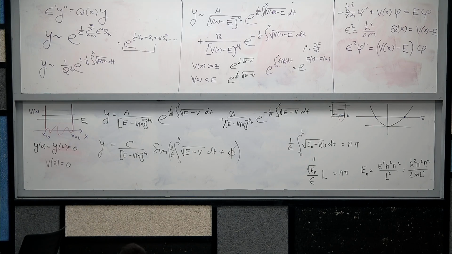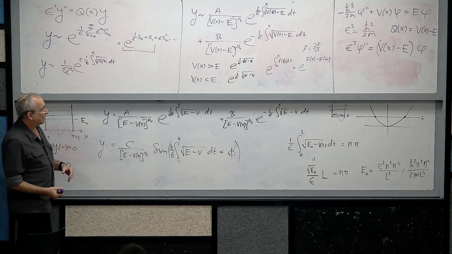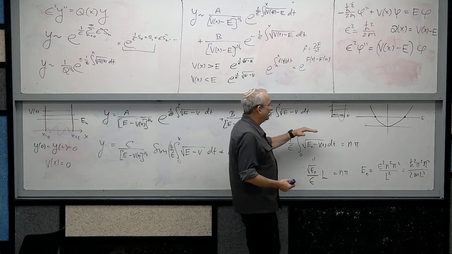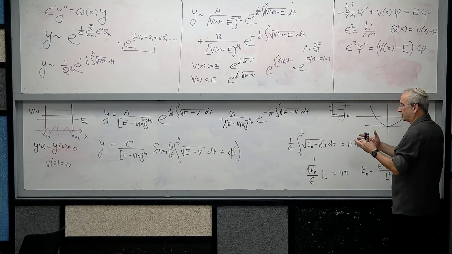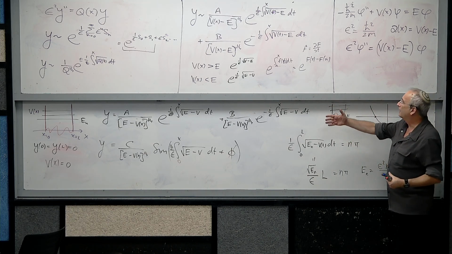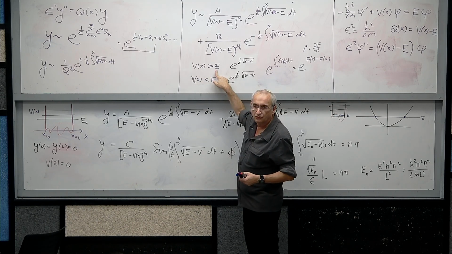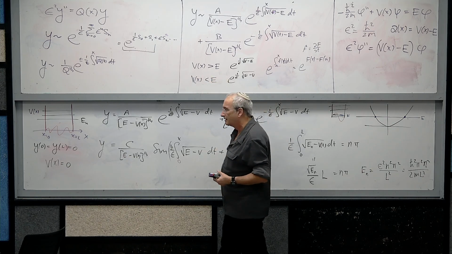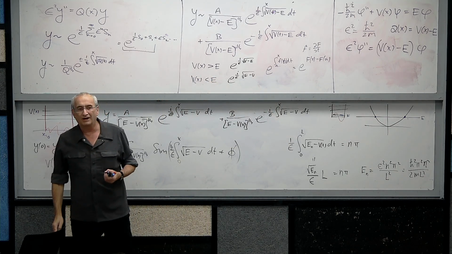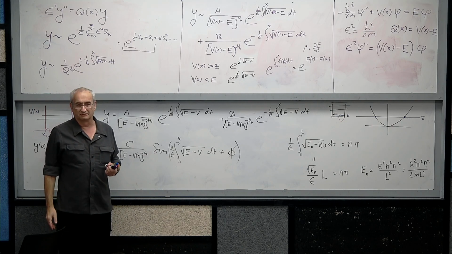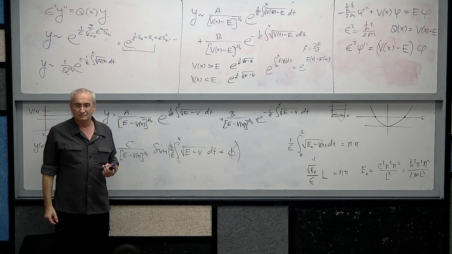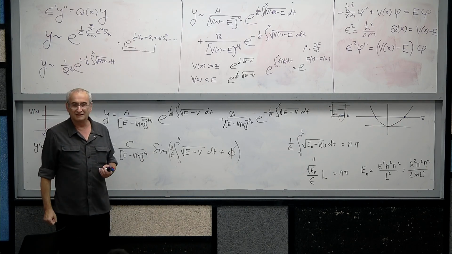So the question is, how to implement WKB in cases where there are points along the trajectory, or in the region where we want to solve, in which V of x is equal to E. By the way, do you know what's the name of such a point? Turning point. Very good. This is a turning point.